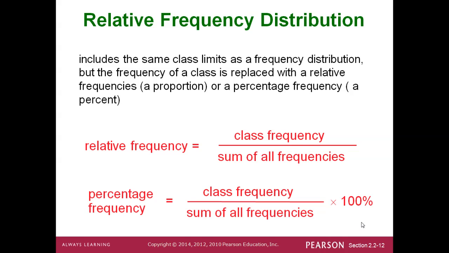So 5 divided by the sum of all these. That would be 25, 32, 34. So 5 out of 34. 6 out of 34. 14 out of 34. 7 out of 34. That's your relative frequency.